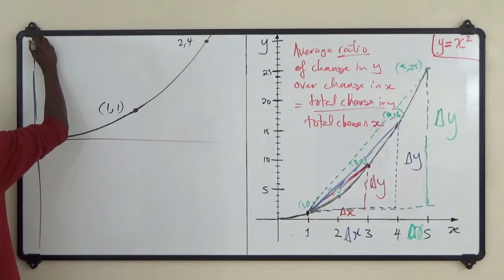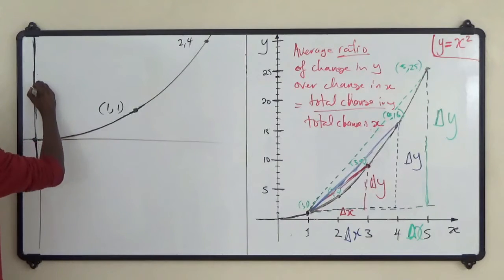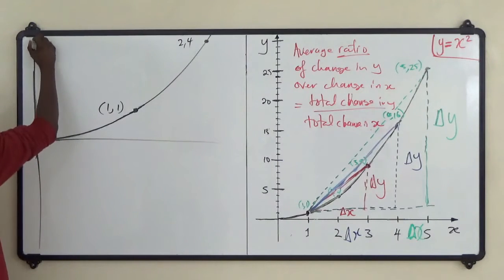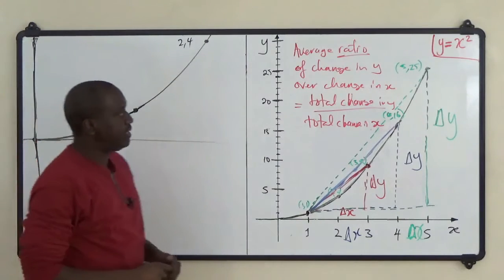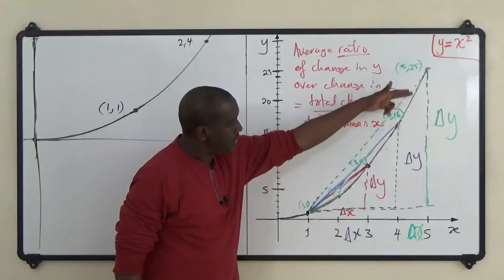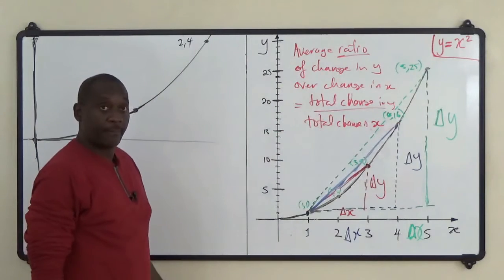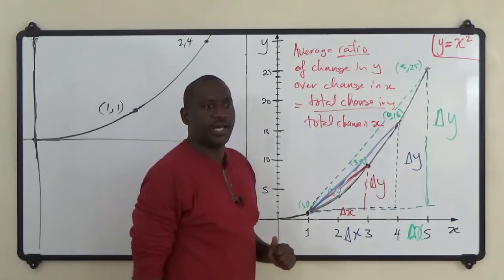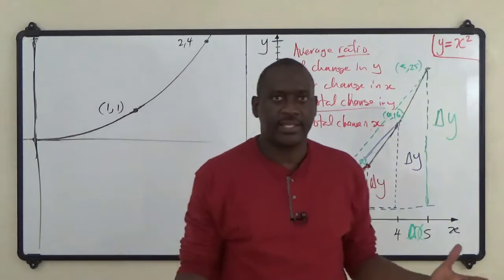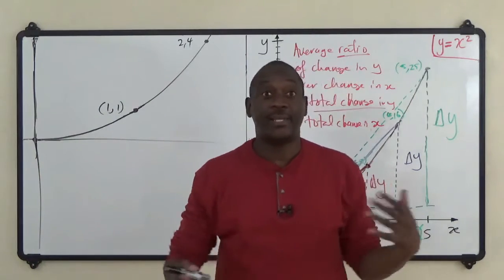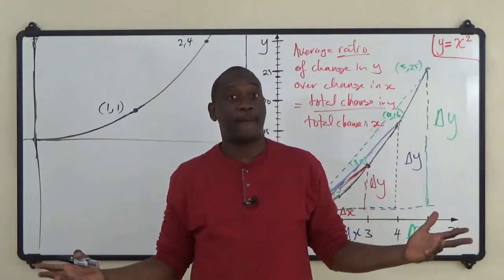Because what we're going to do now is shorten the line segment even further, right? We already established that the gradient is decreasing. But the next question we want to ask is, how far is it decreasing? Is there any point when it will stop decreasing?